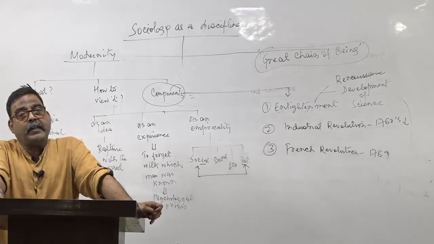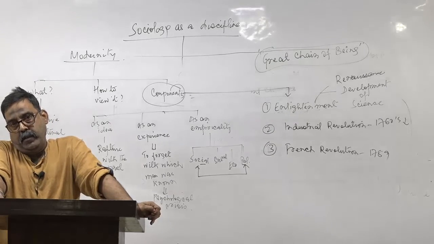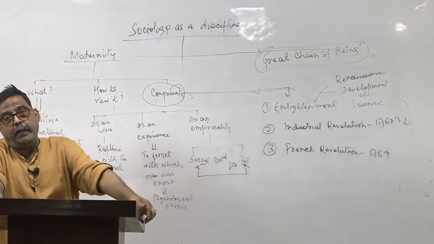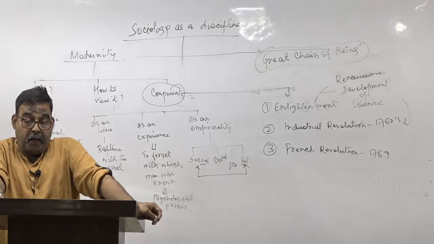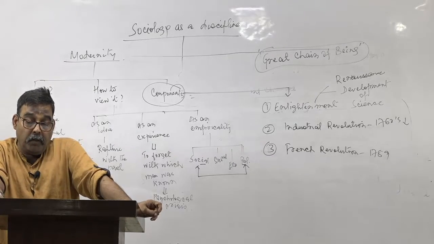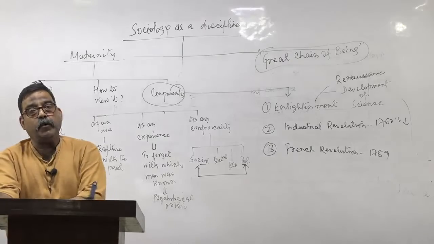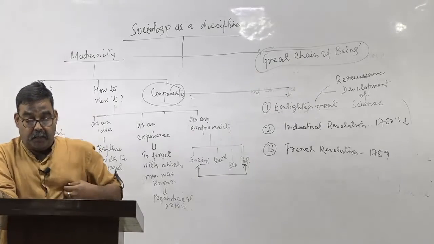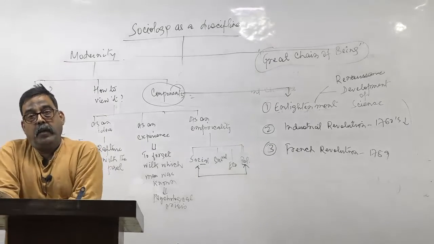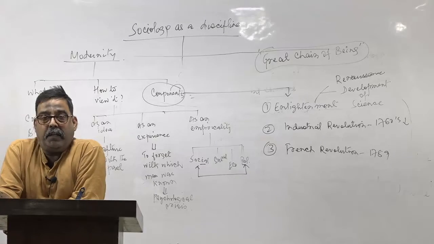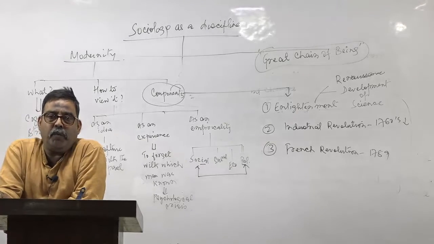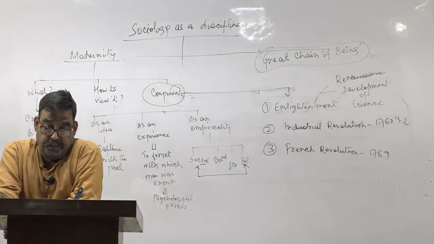And it also reflects its link with the Enlightenment, the first component which you picked up, generating the idea that we need to now reconstruct the society. And in this reconstruction of society, ultimately sociology will find its genesis.